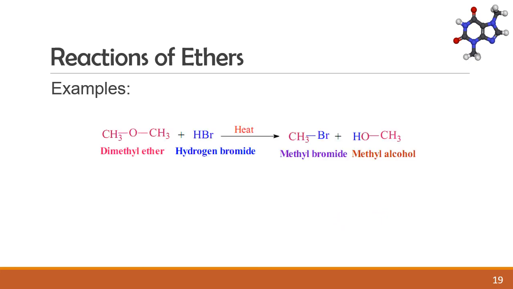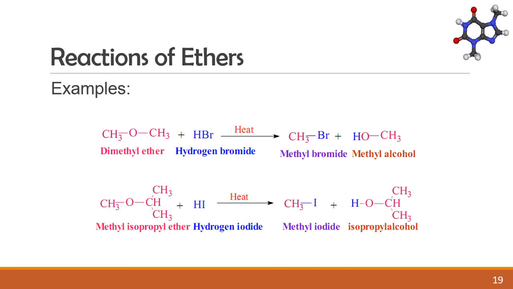We have dimethyl ether reacting with hydrogen bromide. In the presence of heat, this reaction produces methyl bromide and methyl alcohol. When methyl isopropyl ether reacts with hydrogen iodide, it produces methyl iodide and isopropyl alcohol.